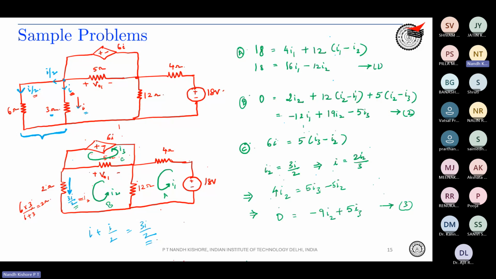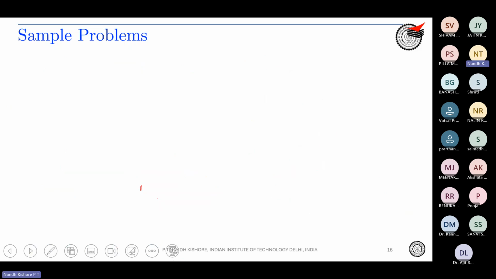Okay, fine. So we have got three equations and three unknowns, right? So just solve all of this. Has anyone solved, or should I solve?